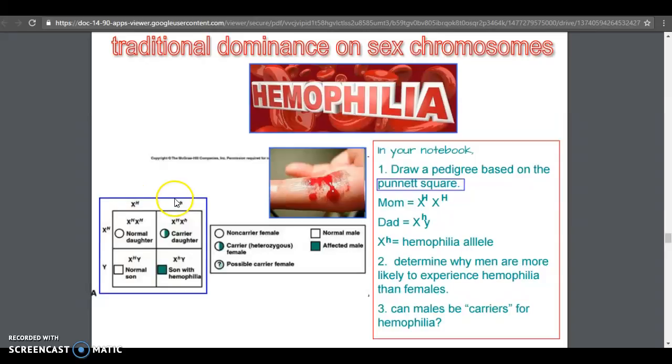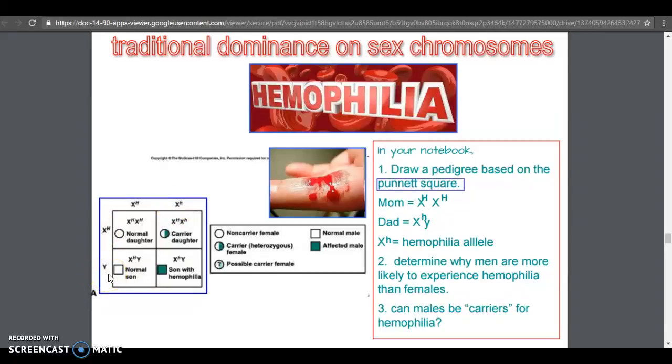And the X here is the sex chromosome X, and it represents a recessive version of the gene, or the recessive allele, on the X chromosome. So a female has two X chromosomes, and on each of her X chromosomes she has, in this situation, dominant and then also the recessive. So she's heterozygous.